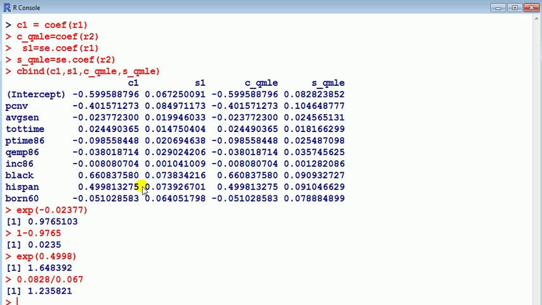That's about what the factor difference is, and that comes about because the GLM is assuming that the conditional variance is equal to this dispersion parameter multiplied by the conditional mean. That's why I'm looking at the factor change. So this is like the dispersion parameter, and it's bigger than 1, which means that we've got overdispersion.